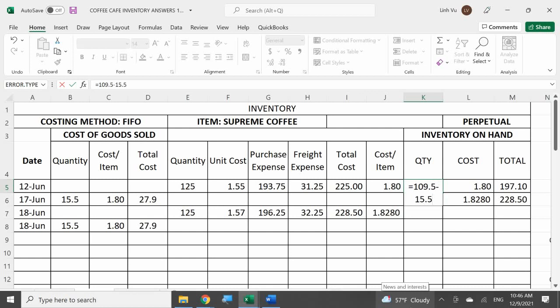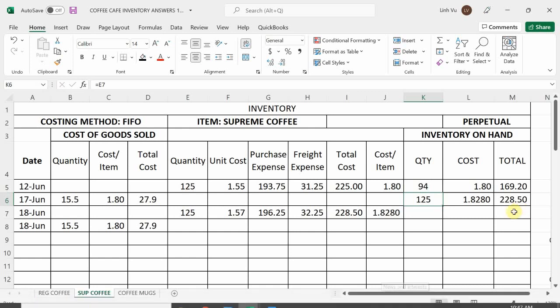How much quantity should I have left on hand? 94 pounds left.